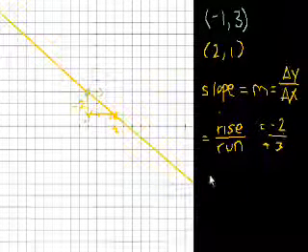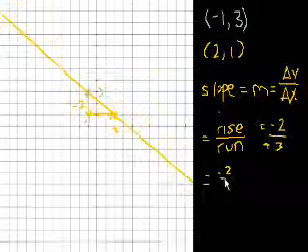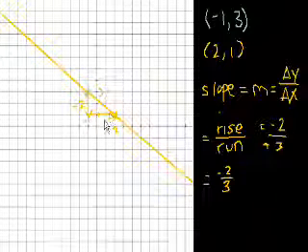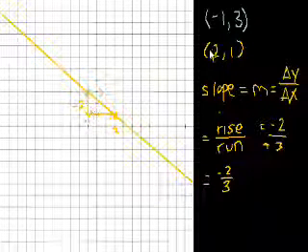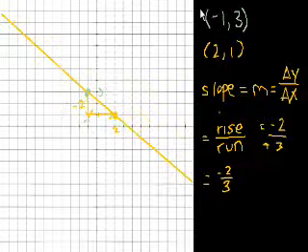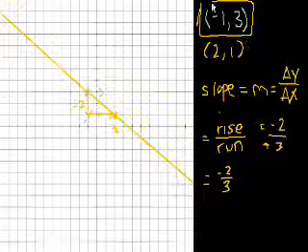So rise divided by run is equal to -2 over 3. Well, how would we do that if we didn't have this nice graph here to draw on? What we can do is take this as the starting point.